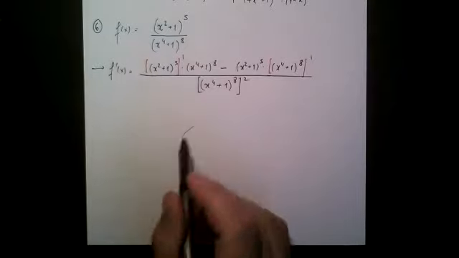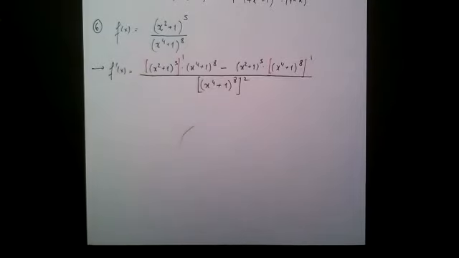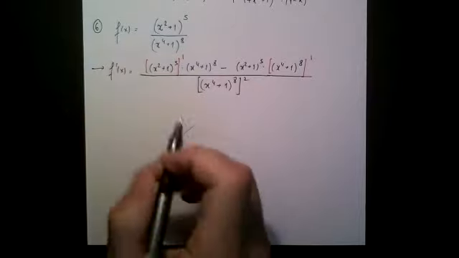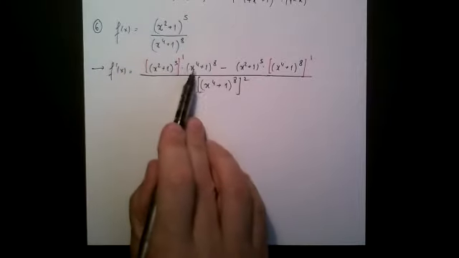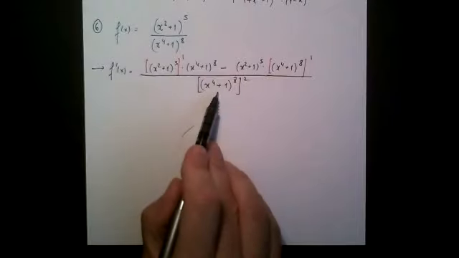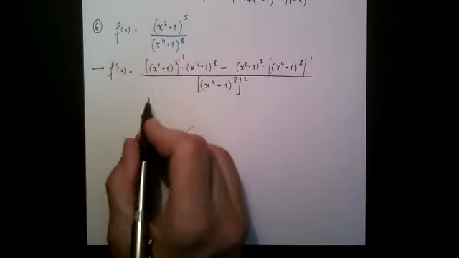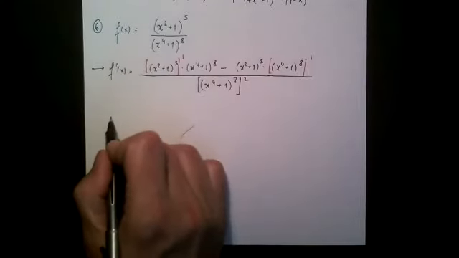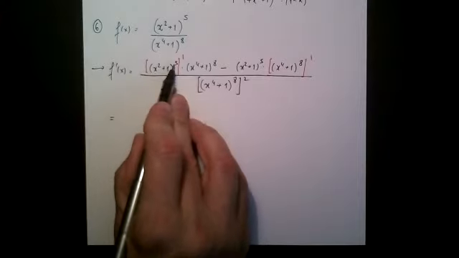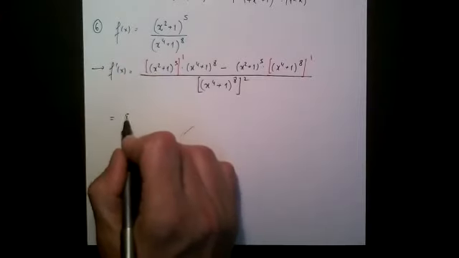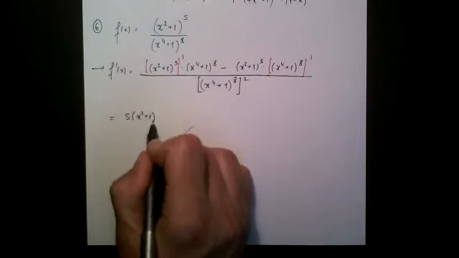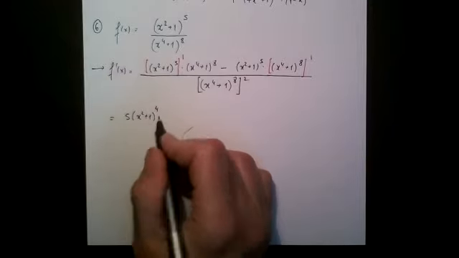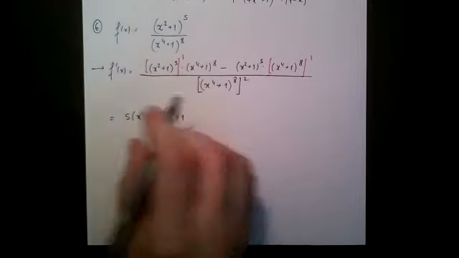Do you understand the structure of what I just wrote here? Yes. Okay, good. So u prime v minus u v prime over v squared. And now I just have two little problems to do, this one and this one. All the rest I recopy. So the derivative of (x^2 plus 1)^5 is a chain rule: 5 times (x^2 plus 1)^4 times the derivative of the inside.